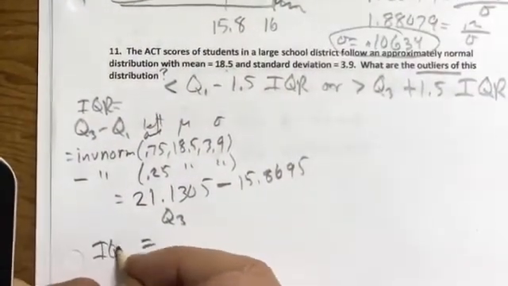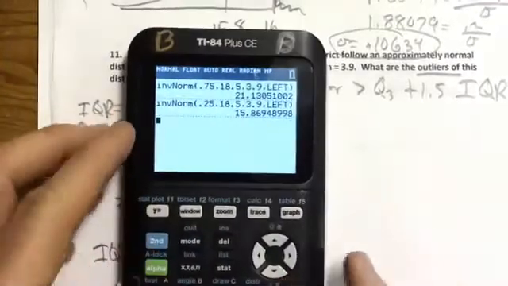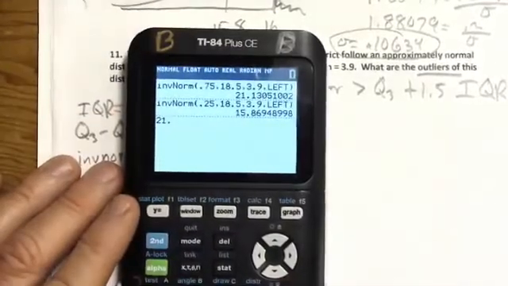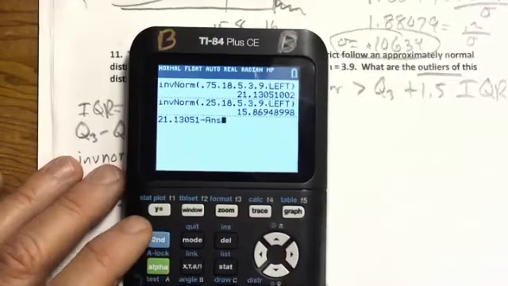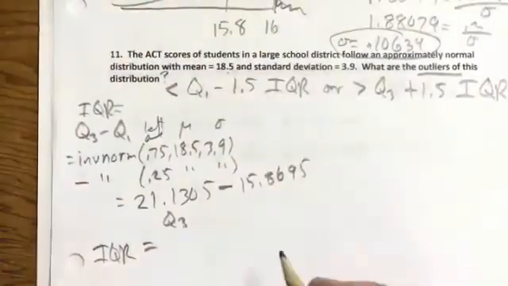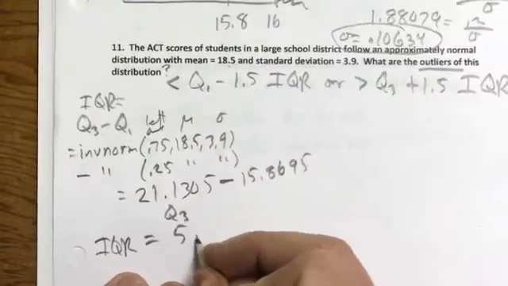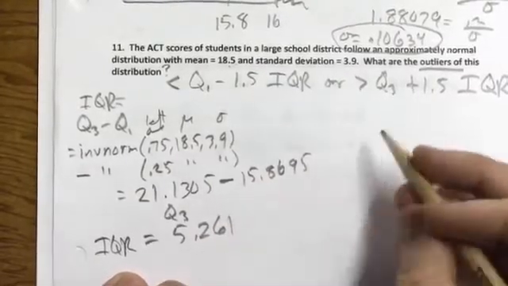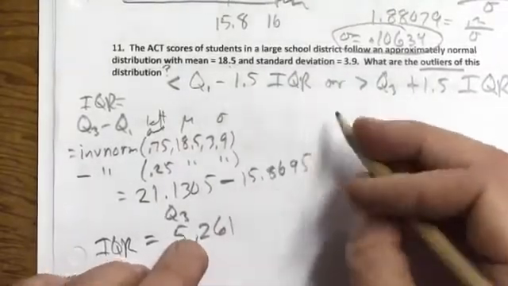So our IQR is going to be equal to 21.13051 minus 15.869, and so that's 5.261. Now I can enter these in the formula.